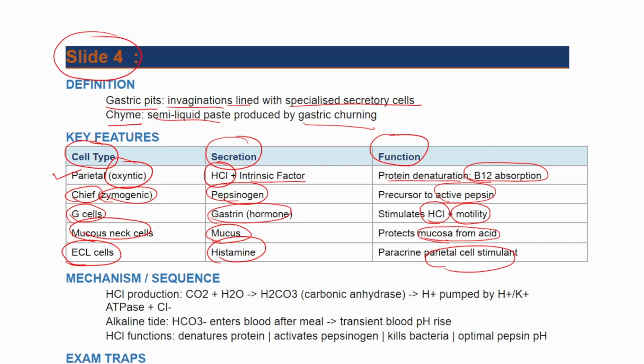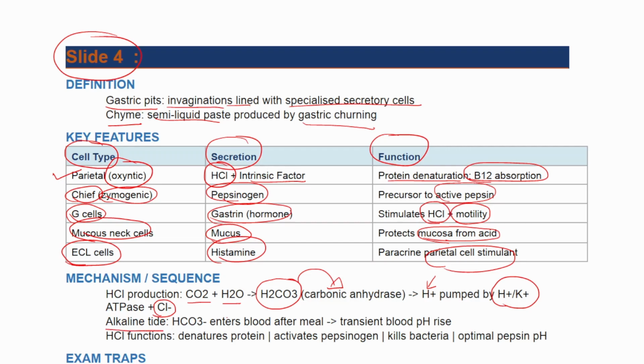The biochemical pathway of hydrochloric acid production relies on the following sequence. First, carbon dioxide reacts with water to make carbonic acid with the help of the carbonic anhydrase enzyme, supplying H+, or protons, to be pumped into the lumen by proton potassium ATPase alongside chloride ions. As a direct byproduct of pumping this acid into the stomach, we see a temporary shift in blood pH known as the alkaline tide.